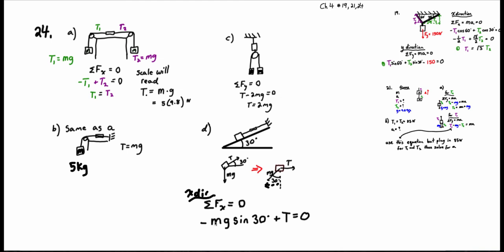So I'm going to have mg sine of 30, and since this is going to the left, I give it a negative, and then if T is positive, it's in the opposite direction. So then I can solve for T, and T is just going to be mg sine of 30. And again, this little trick just saves you a lot of trig, and so you don't have to sum in the x direction and the y direction. So we'll go over this trick again in class.